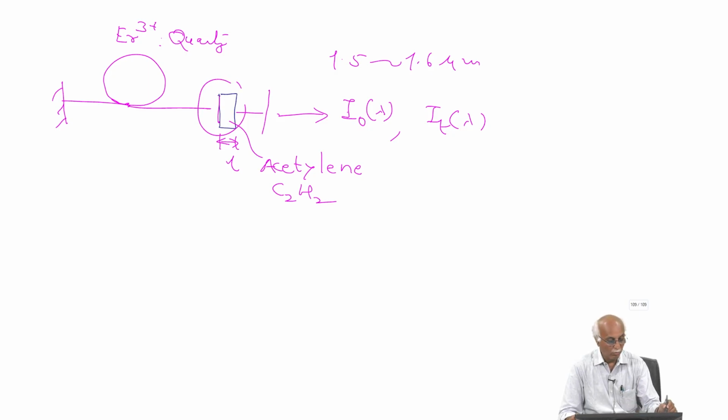Now, one question for you, just that how will you tune this erbium doped quartz laser? Tuning means I want to change the wavelength, right. Maybe I want 1.5 micrometer for acetylene, but now I want to measure ammonia. So, I will have to tune the laser to 1.5 micrometer, okay.